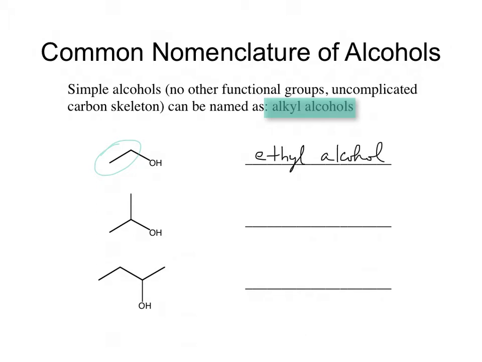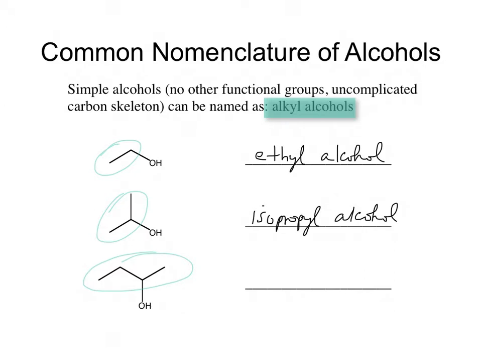This next one here, you can see that we have an isopropyl group. So guess what? As you would expect, isopropyl alcohol. All right, so the last example that we have, we are looking at the name that escapes about 3/4 of the people all the time, including me, a sec-butyl group.